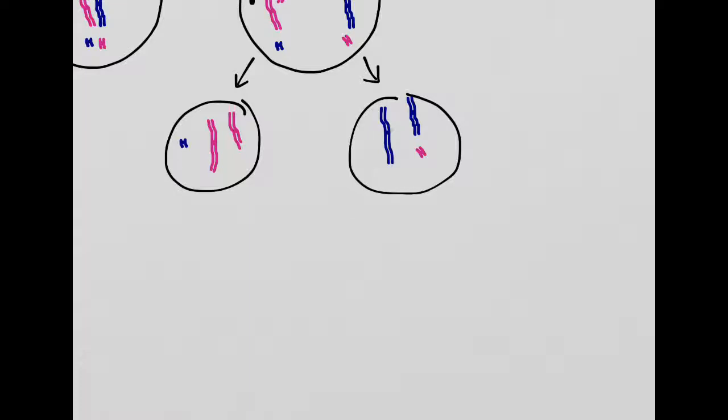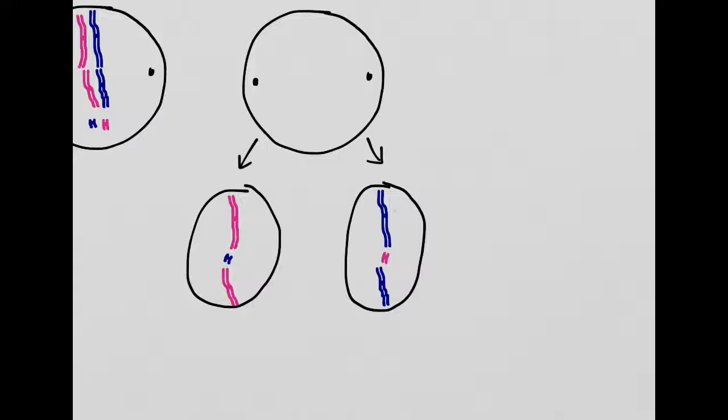But imagine now that you have a nondisjunction event that happens here. So let me go ahead and align things and get us moving in the right direction so you can understand what's going to happen. So you'd have this kind of alignment. And then here we have the spindle fibers attaching once again.